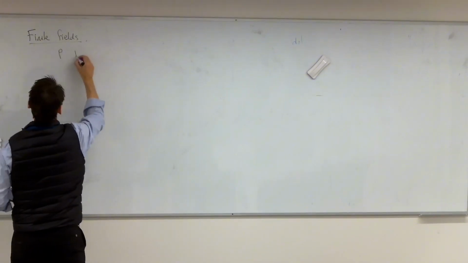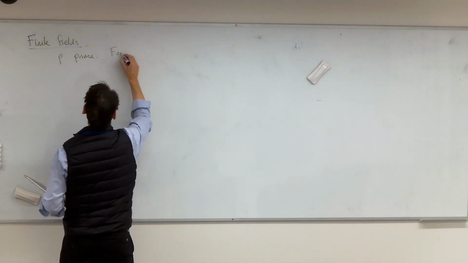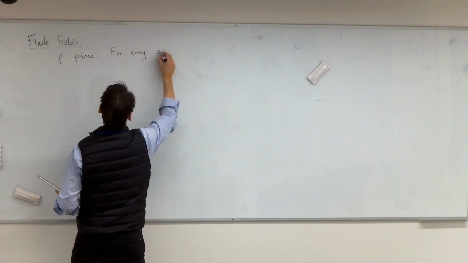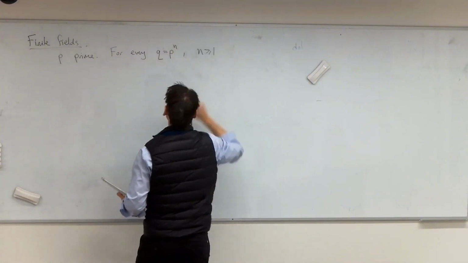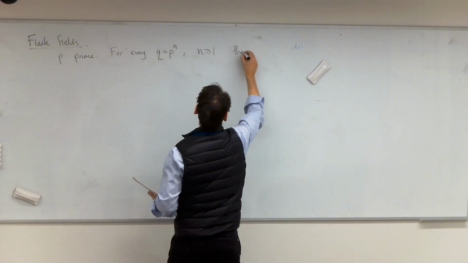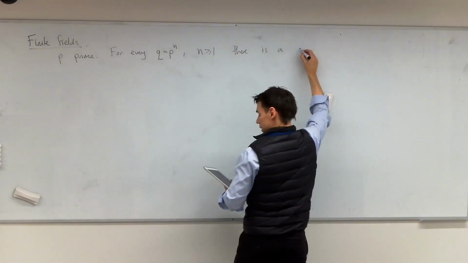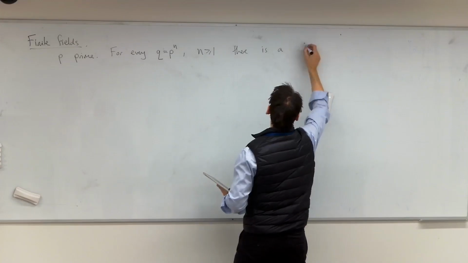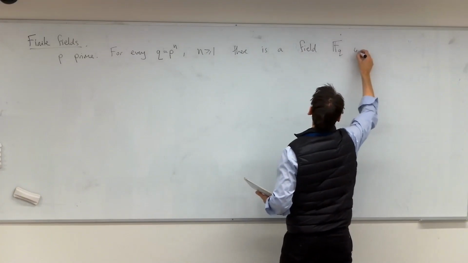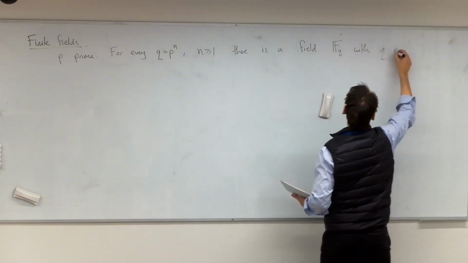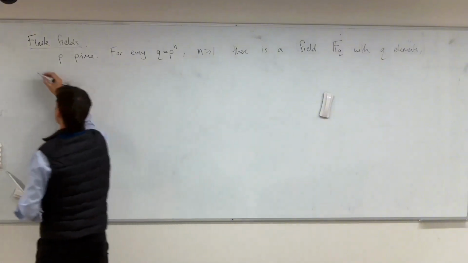Let p be a prime, and then for every prime power q, there is a field F_q with q elements, which is unique up to isomorphism.